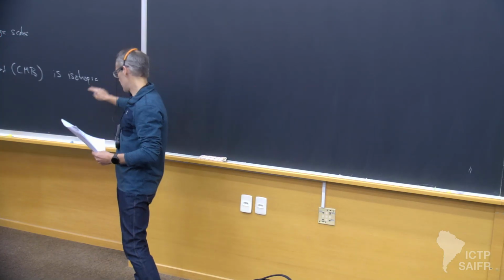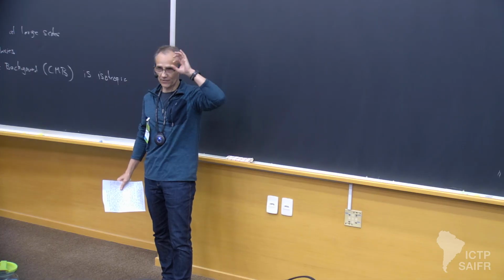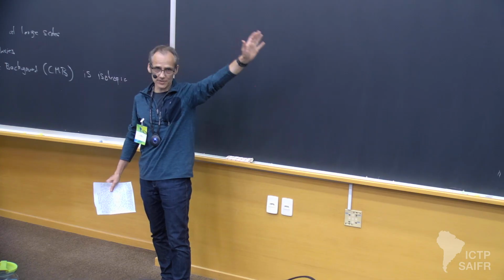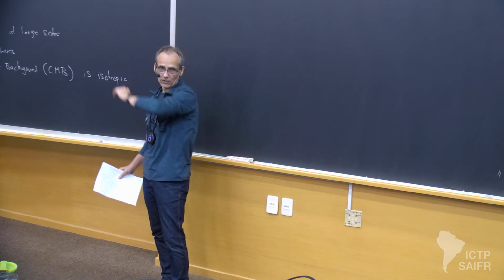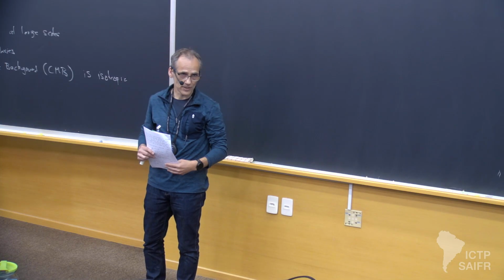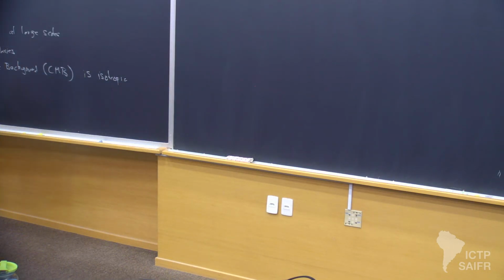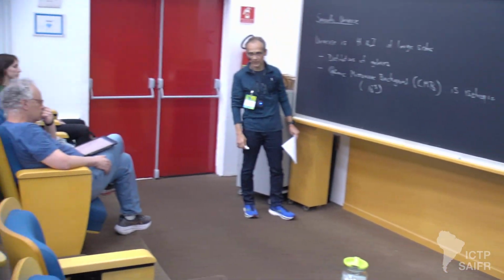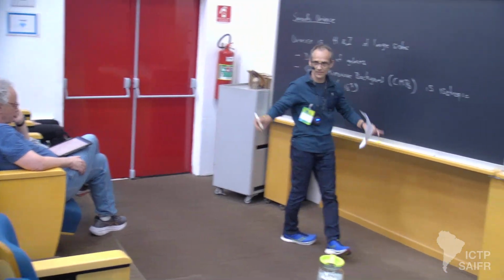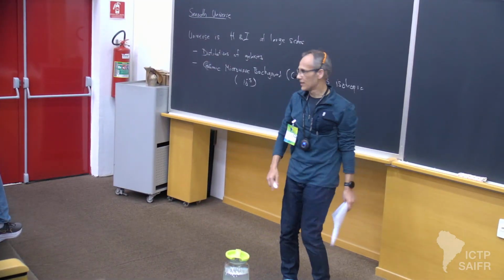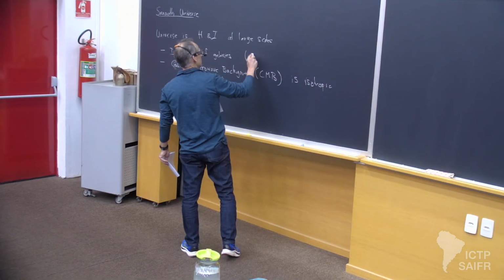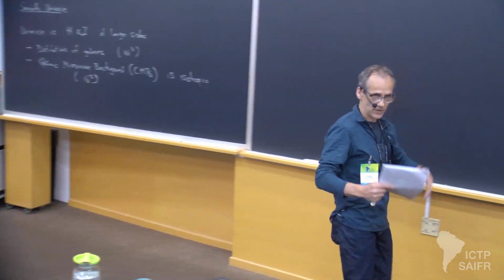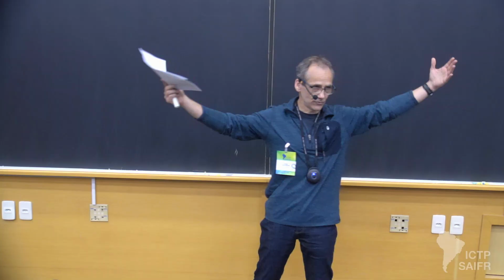And so if you look at the sky with microwave glasses, you will see that it's a bath of uniform temperature of 2.7 degrees Kelvin, and it's the same in all directions to 1 part in 10 to the 5. So this is at the level of 10 to the minus 5, isotropic everywhere you look. For the distributions of galaxies, when you look at very, very large scales, to the level that we can measure, correlation functions at the largest scales are of order 10 to the minus 3.